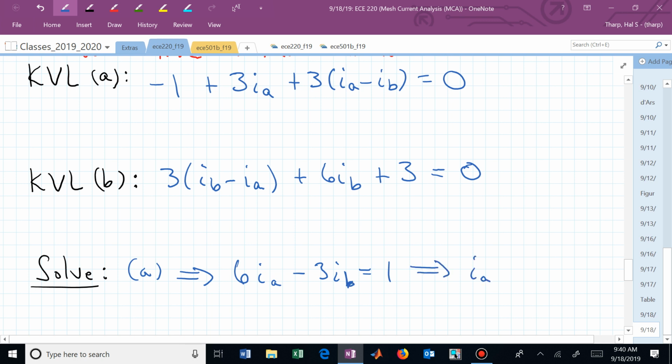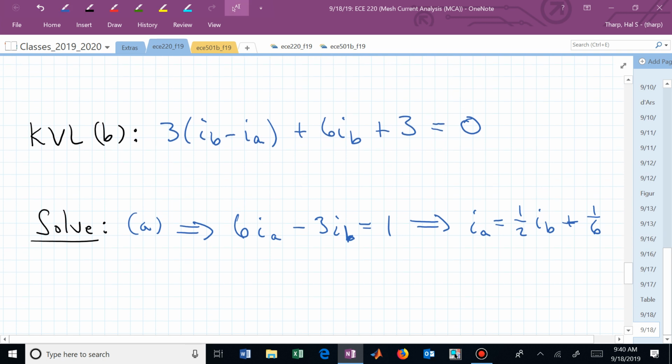And that says then that I sub A, if we move the 3 I sub B over to the other side and divide by 6, we end up with 1/2 I sub B plus 1/6. That's I sub A. Now equation B is going to be minus 3 I sub A plus 9 I sub B is equal to minus 3.